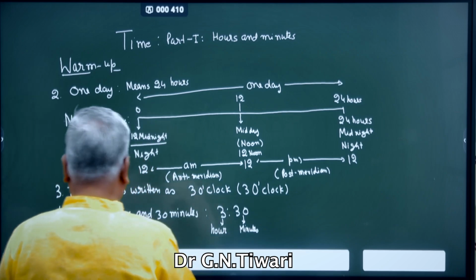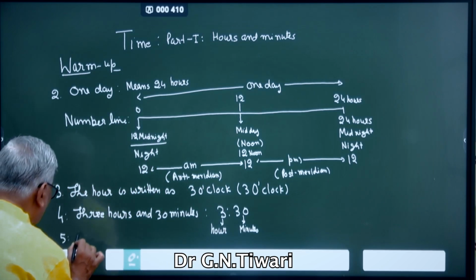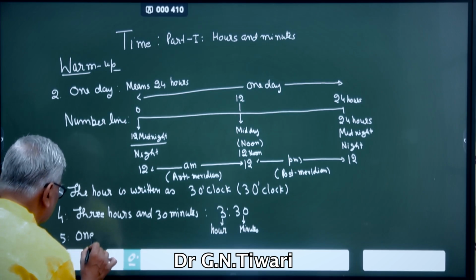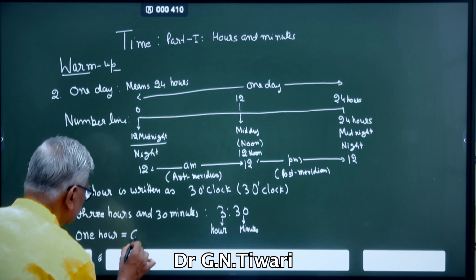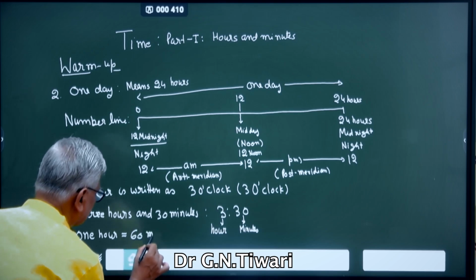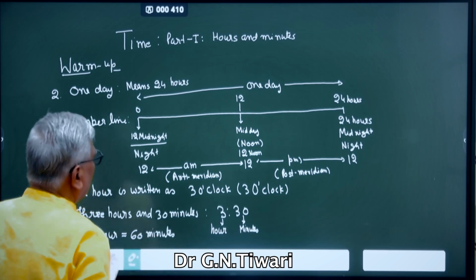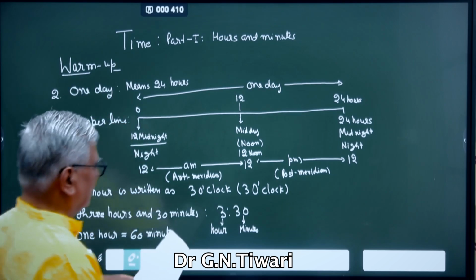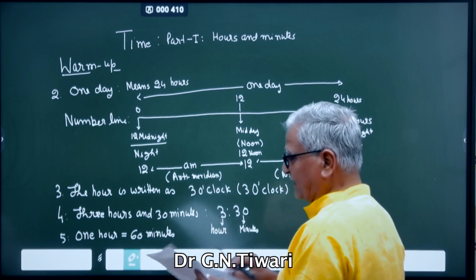Now, the fifth point is 1 hour is equal to 60 minutes. I will explain these things when I make a watch. Now I am just going to make another point.